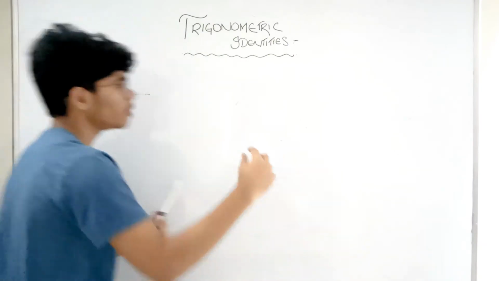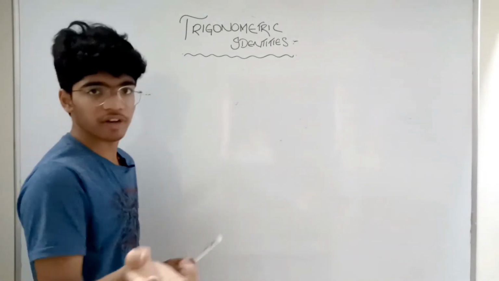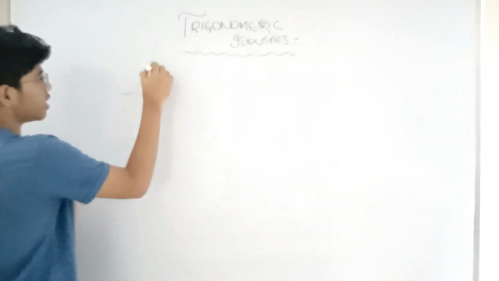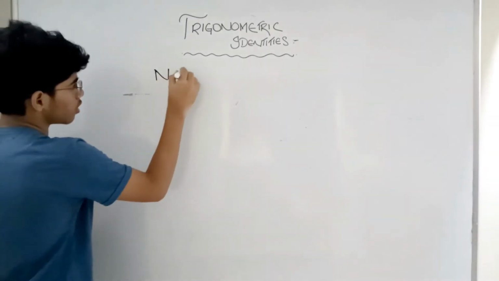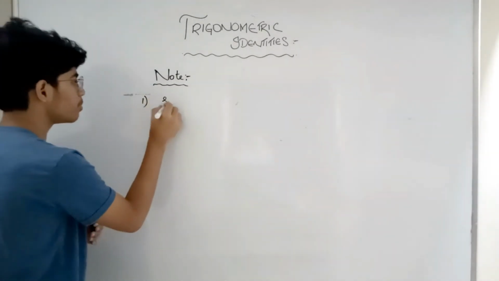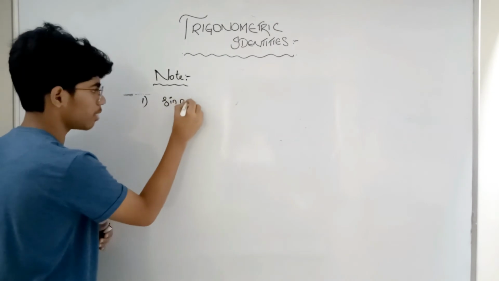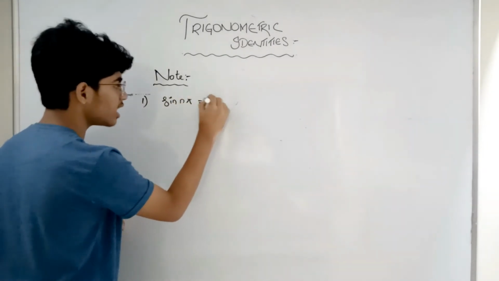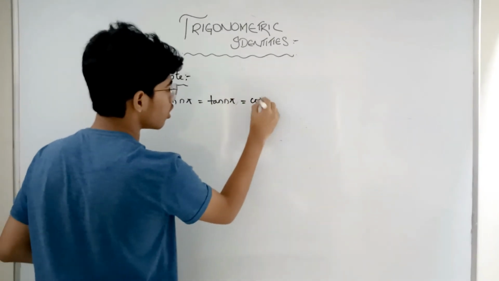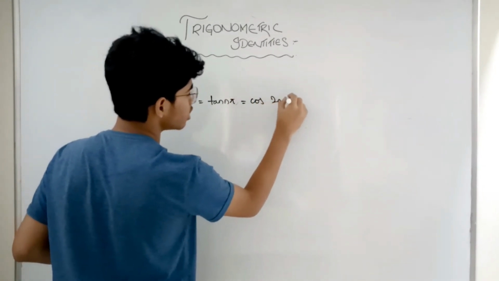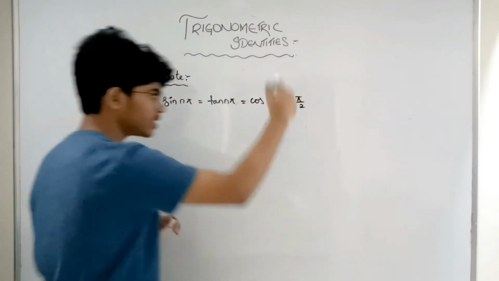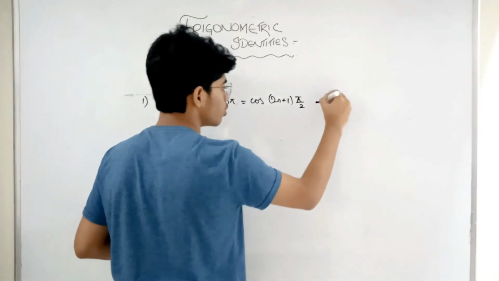Now, next, we are going to be learning a few tips for the trigonometric identities we have previously learned. So let's name it note. So note, first one: sine n pi equal to tan n pi equal to cos of (2n plus 1) into pi by 2, I mean the whole thing should come in brackets, equal to 0.